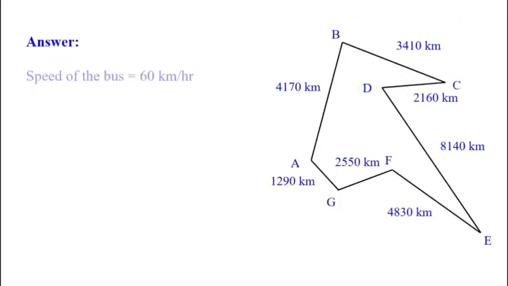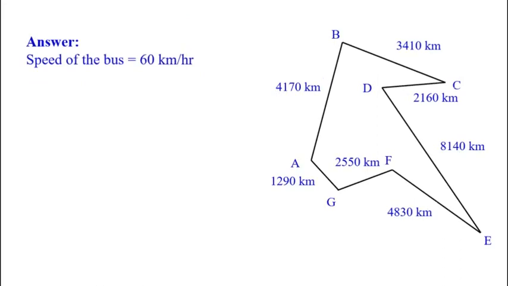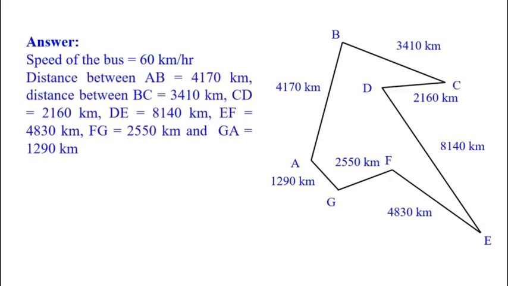So this is the diagram. So first, speed of the bus is 60 km per hour. So distance between AB is 4170 km. Distance between BC is equal to 3410 km. CD is equal to 2160 km.